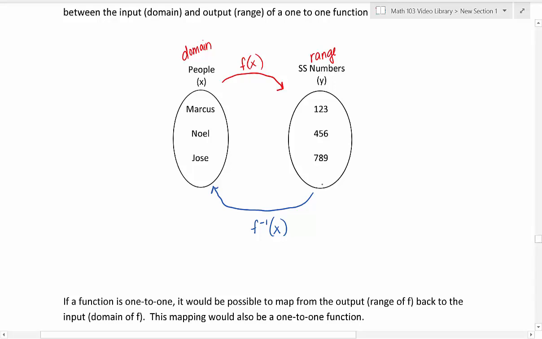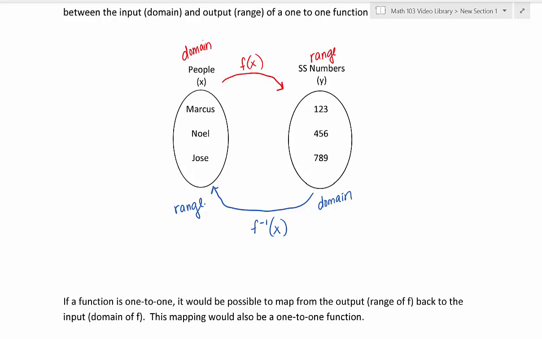This function maps social security numbers to people's names. Social security numbers would then be the domain of the inverse of f, and names would be the range of the inverse of f. So it's interesting that people plays two different roles depending on which function you're looking at.